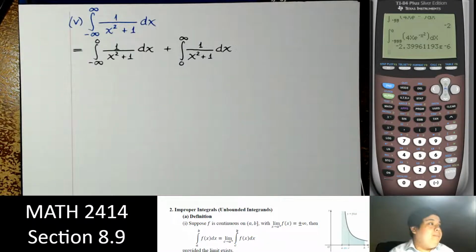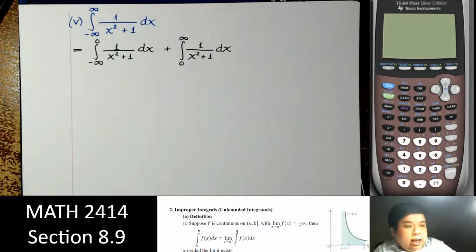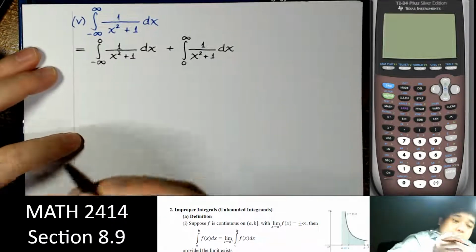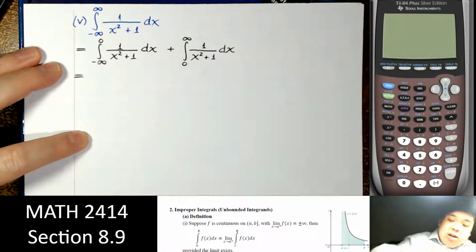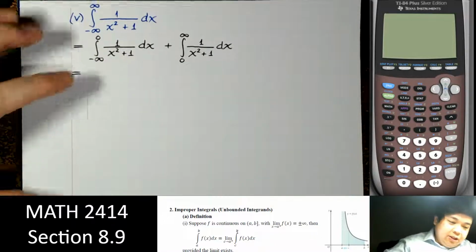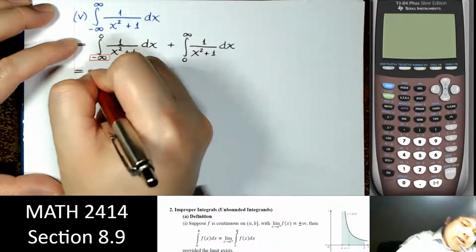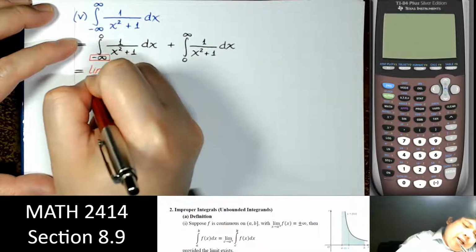Now, how do we do this? Before we worry about the integral, let's first change the limit. Negative infinity here, the lower limit, let that be a.